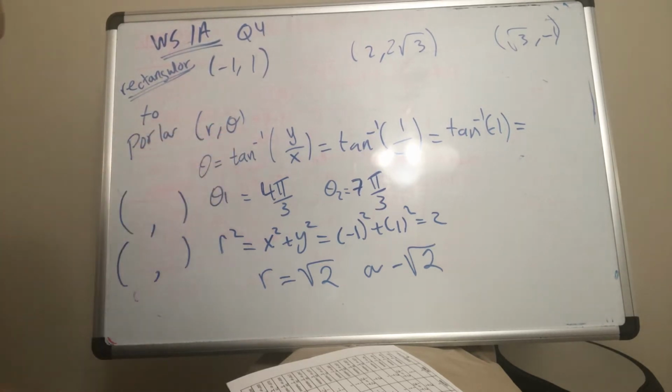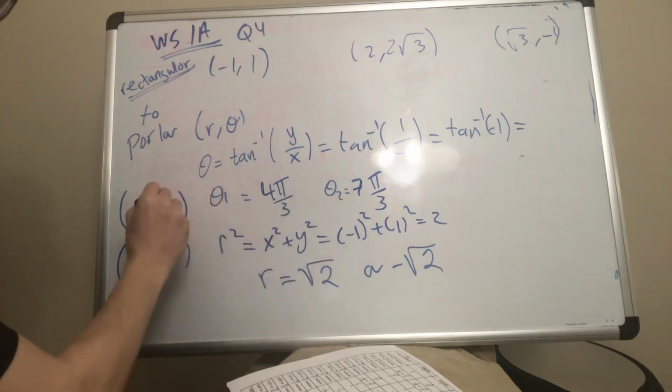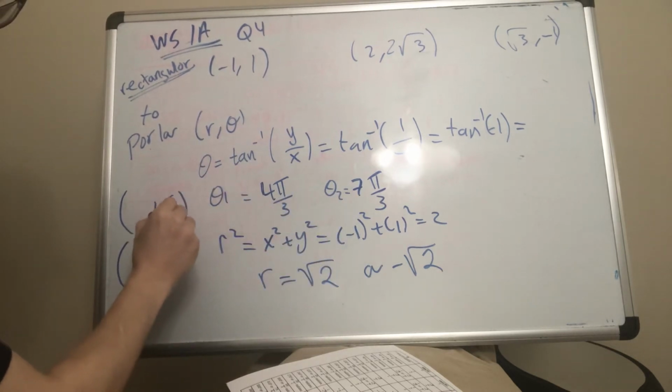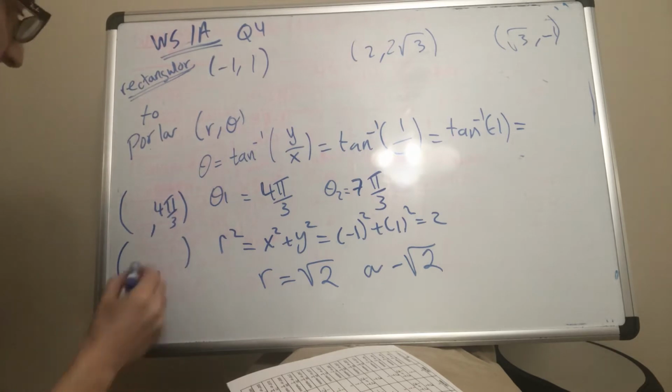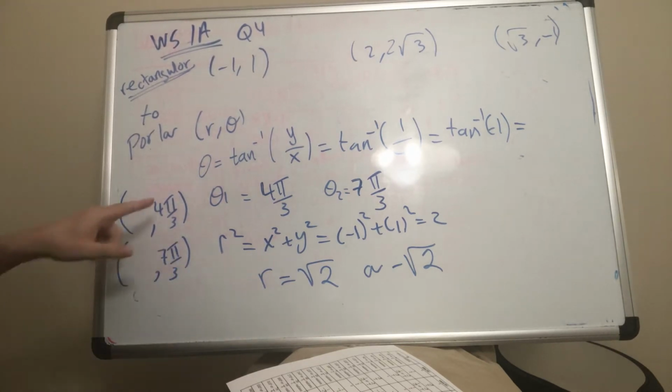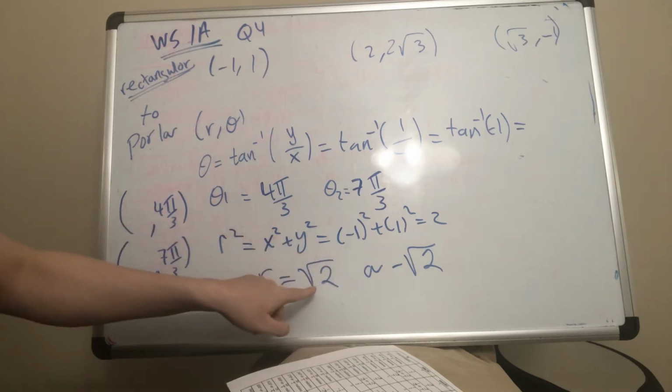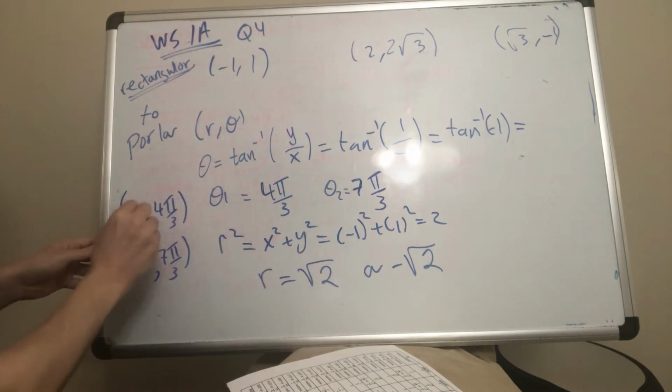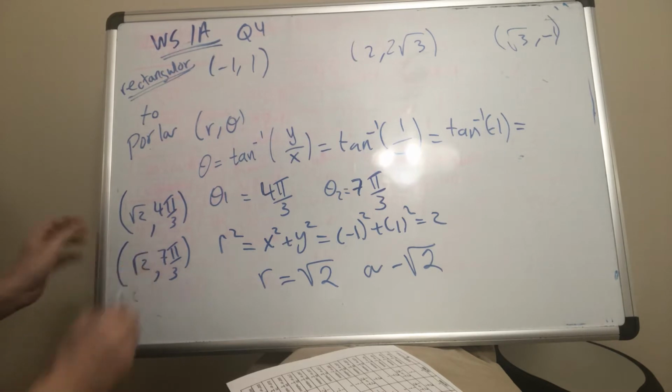It's r, theta, so for one of the r's it's 4 pi over 3. The other one is 7 pi over 3. One of them will have the positive root. One of them will have the negative root. So which one is negative?